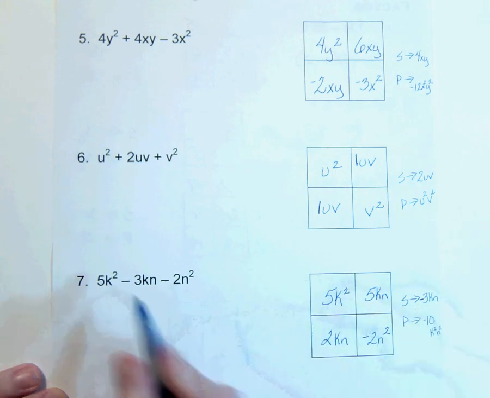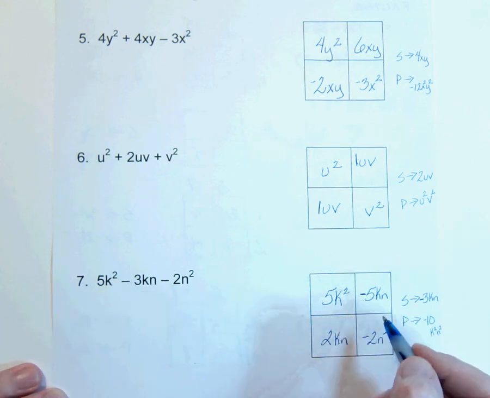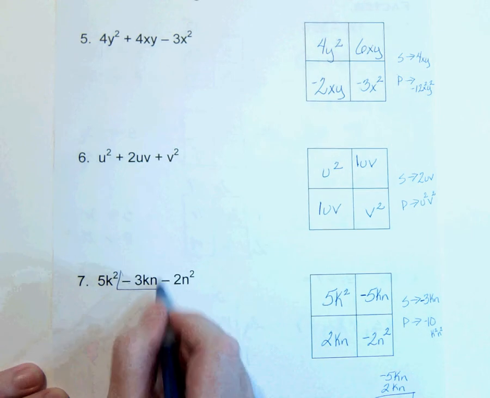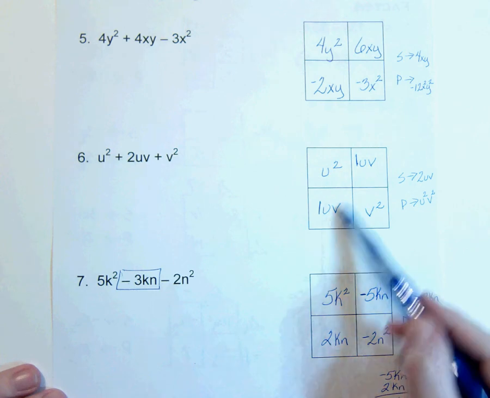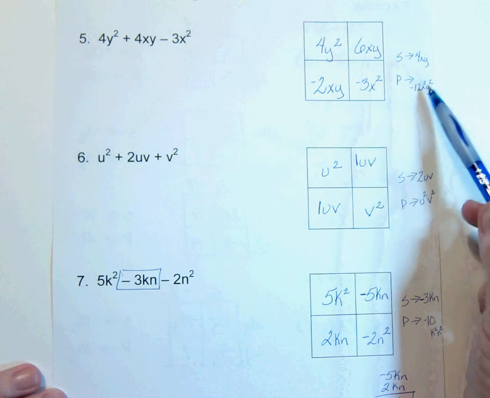This is actually a negative. So the 5 has to be negative. If we need to see that, just look here. 5kn and a 2kn yields a -3kn. So this is what you're looking for over here. But again, if I multiply those two together, I'm going to get this product. If I multiply these two together, I get this product. If I multiply these two together, I get this product.